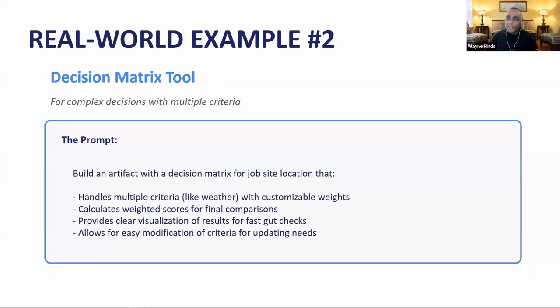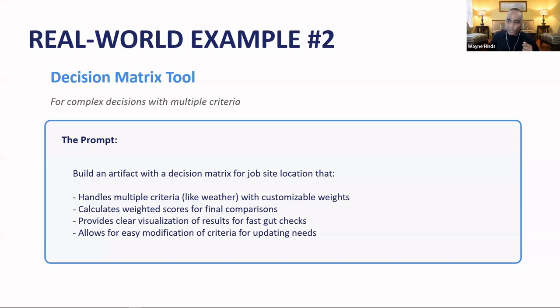All right, another one we'll get into, and I'll get you to also try it yourself. Decision matrix tool. So if you haven't already got Claude open, you can go ahead right now and get ready. When we do this, I can share the prompt with you, and you can just pop it in and see what results you get too. Decision making with multiple criteria.